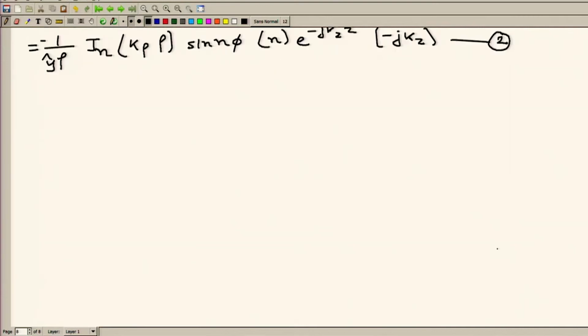Now, H rho. So, H rho we will have 1 upon rho del psi upon del phi.